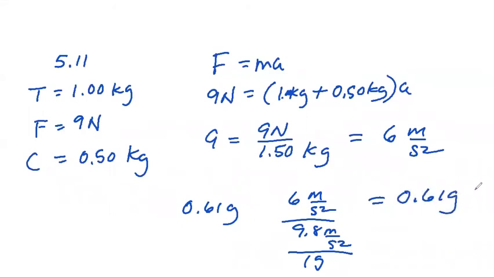They didn't ask to do it in terms of g, but that's an interesting twist. All right, now I need to know the force on the milk carton. So I know that my acceleration now is 6 meters per second squared.